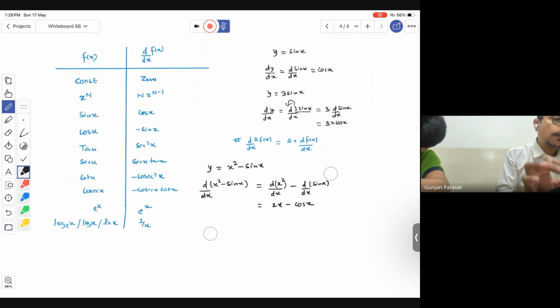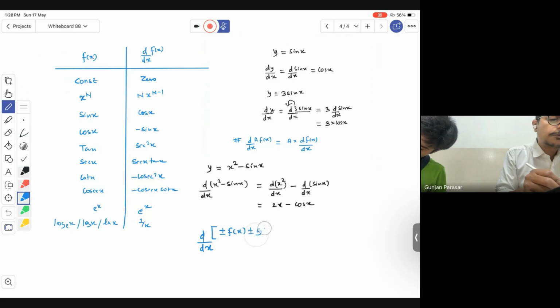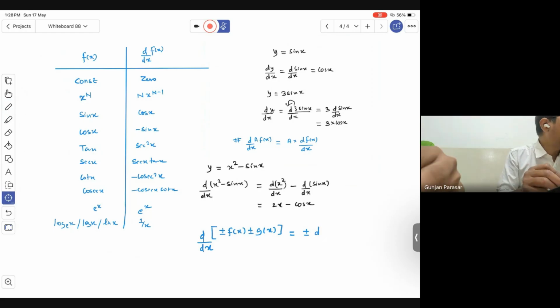So what I'm really trying to tell is, if you come across dy by dx of plus or minus some function f of x, plus or minus a function g of x and so on, you don't touch the operators that are present before every term.